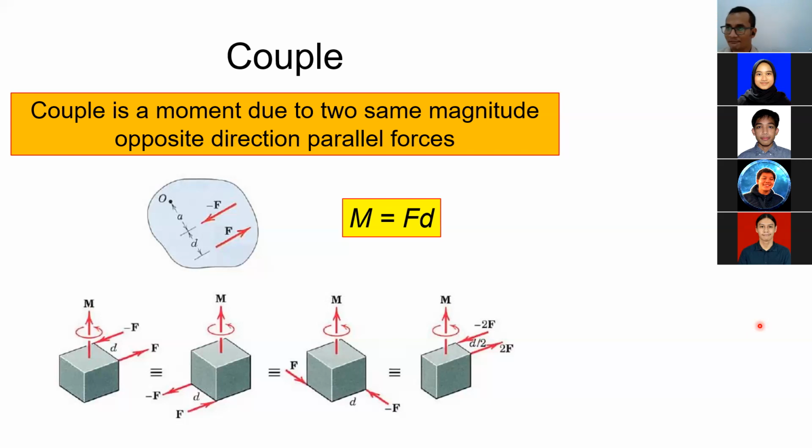So if we have two forces, each having the same magnitude but opposite directions, then we can call it a couple.